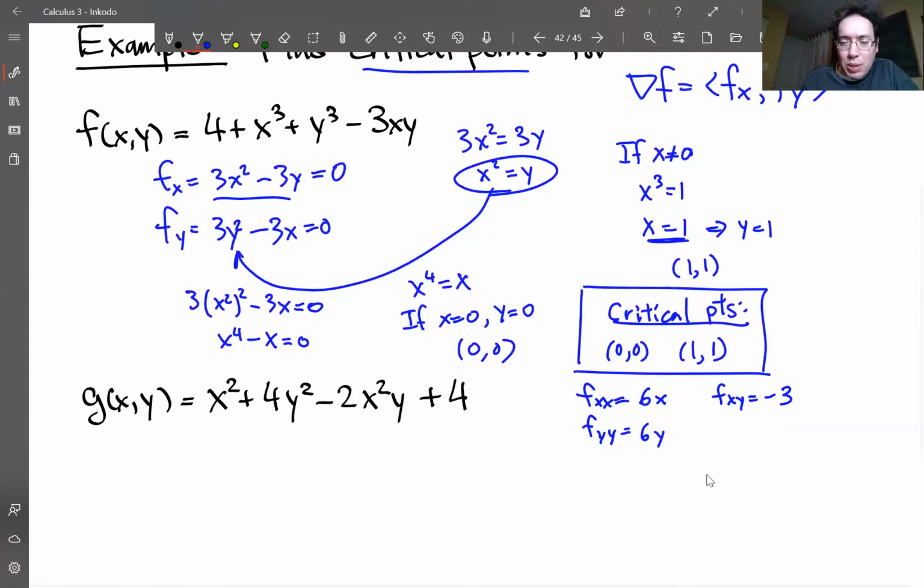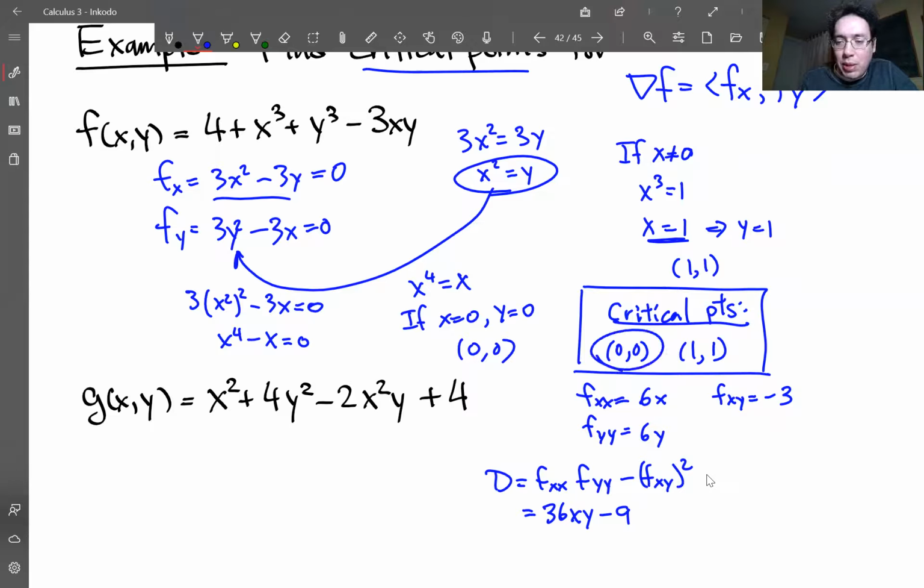So let's compute the quantity D. In our case, it's 6x times 6y, so 36xy, minus (-3) squared, so subtracting 9.